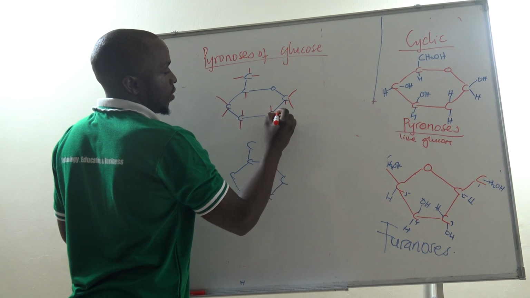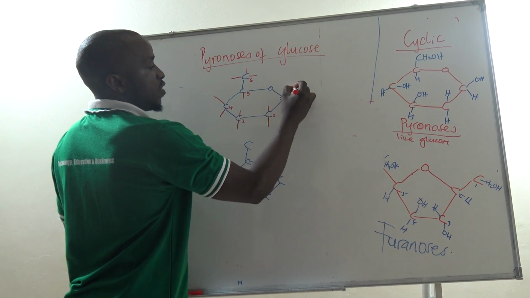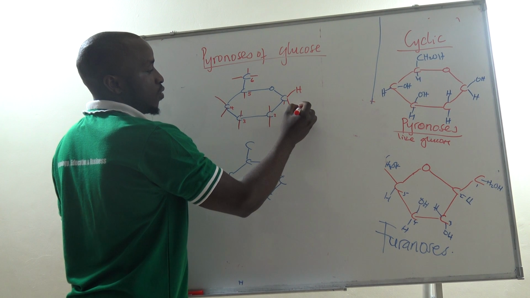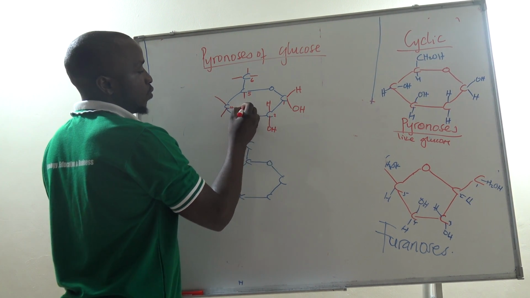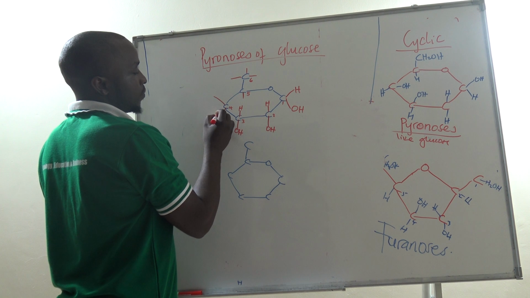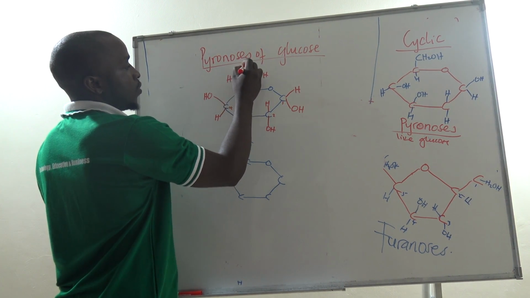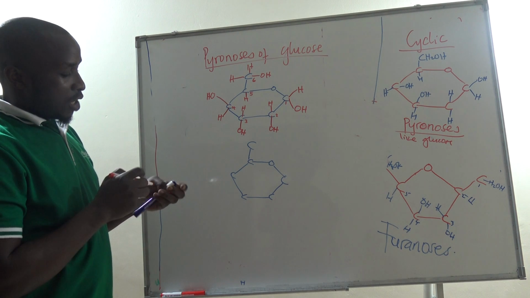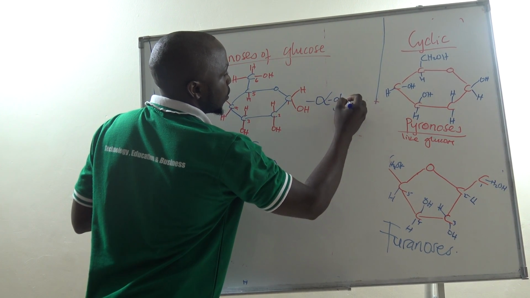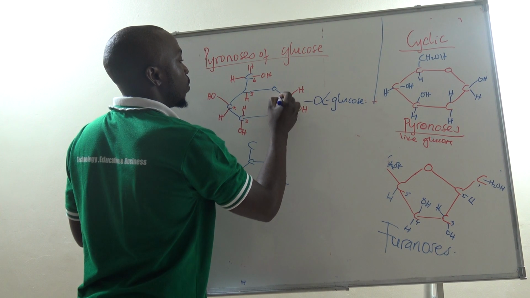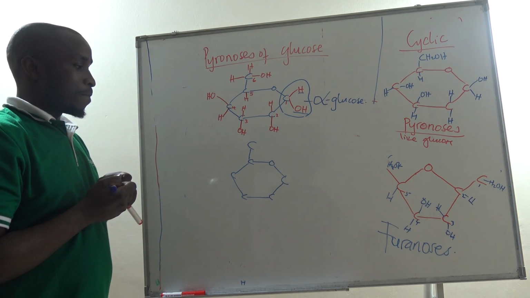If this is carbon atom number 1, 2, 3, 4, 5, and 6, if hydrogen is in that space and hydroxyl group is in that space, then we shall name this pyranose as alpha glucose, depending on the arrangement of the hydroxyl and hydrogen groups on carbon atom number 1.